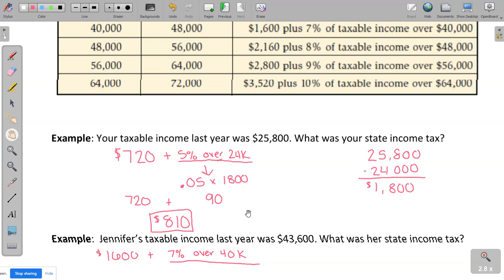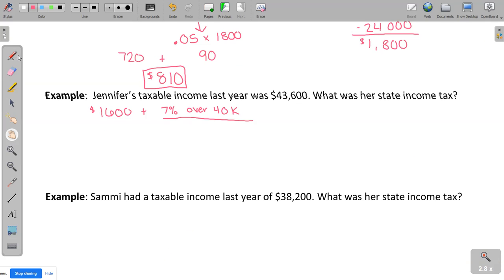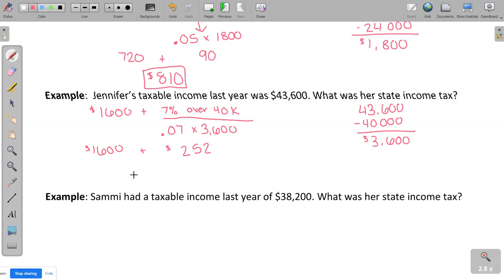So we need to find that amount. We take the taxable income, $43,600, and subtract out the $40,000, so we get $3,600. 7% of that, 0.07 times 3,600, gives us $252. And we add it to the $1,600. So our state income tax amount is $1,852.